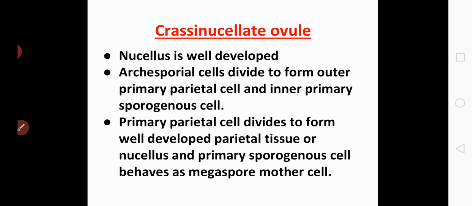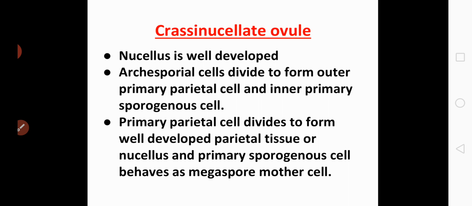As I said before, any cell of the nucellus enlarges and forms the archisporial cell, correct? Okay. Now, this archisporial cell divides to form the outer and the inner cell.